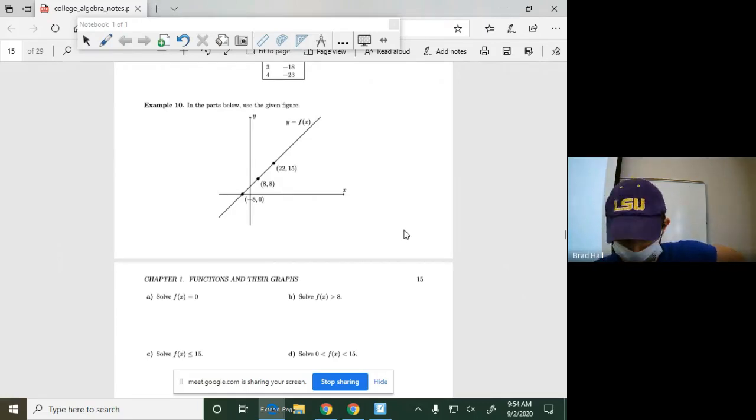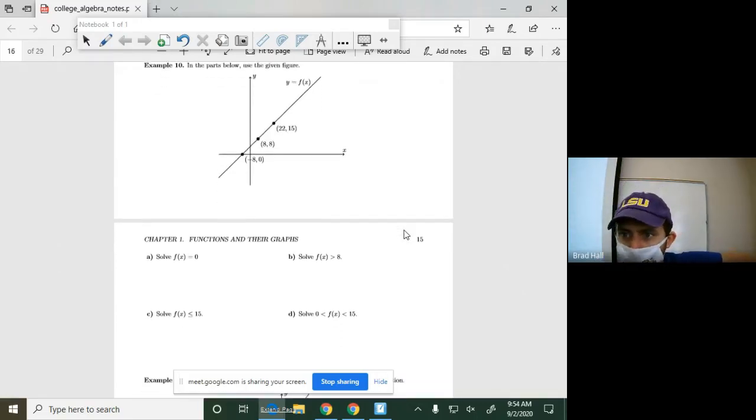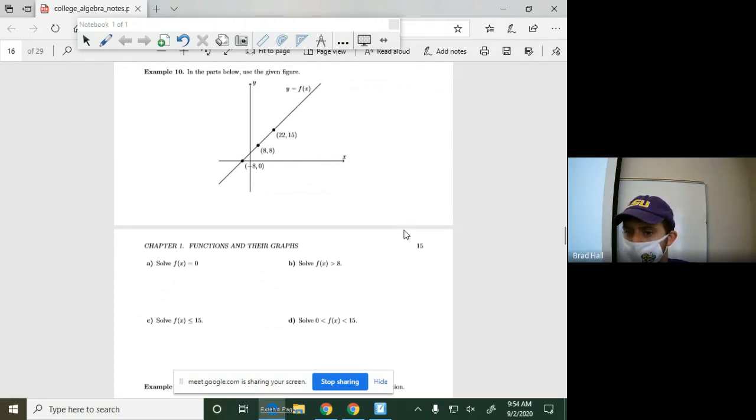So we are given this graph. We are asked to figure out some components about it. Given this graph, we need to figure out A, B, C, and D here. So go ahead and start off with part A.